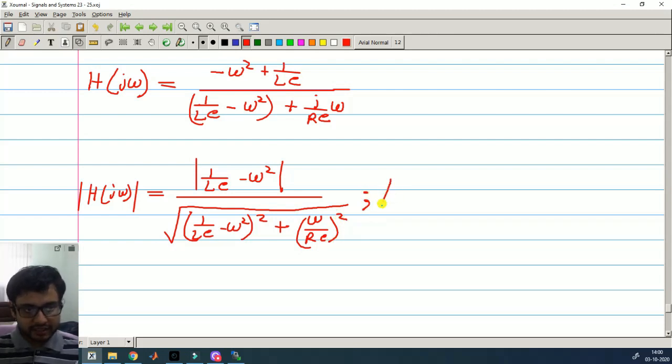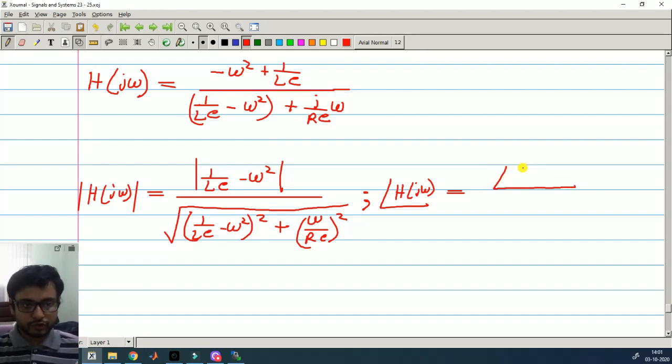And the angle of H(j omega) will be the angle of the numerator, so that is a real number, so that can be either 0 or 180 degrees, depending on whether this is positive or negative.